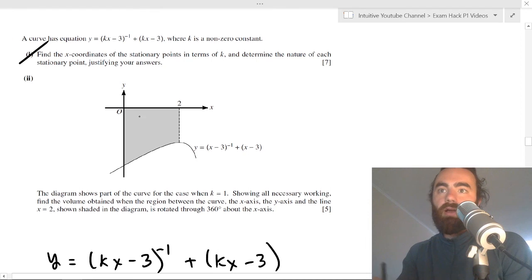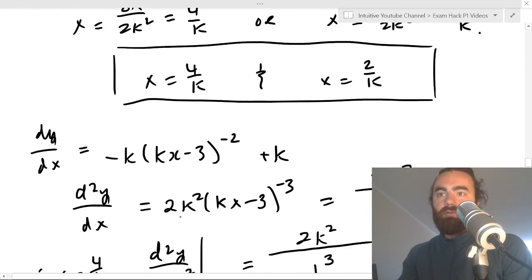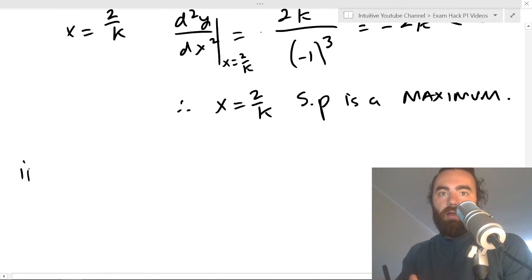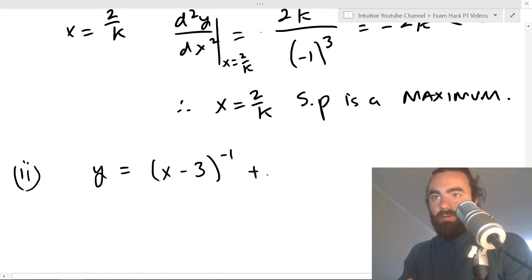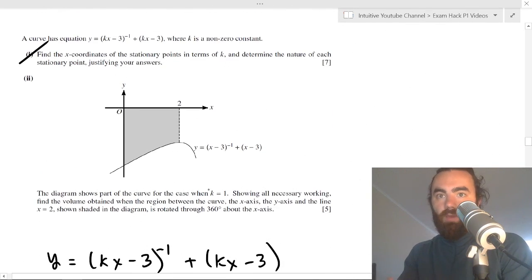Okay, so let's do part II now. Now we're given this curve. So for II, we're given y equals x minus 3 to the negative 1 plus x minus 3. I think that was it. Yep. And it wants us to find the volume when this is rotated around the x-axis.